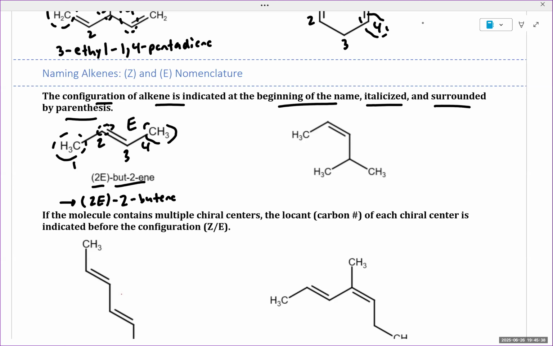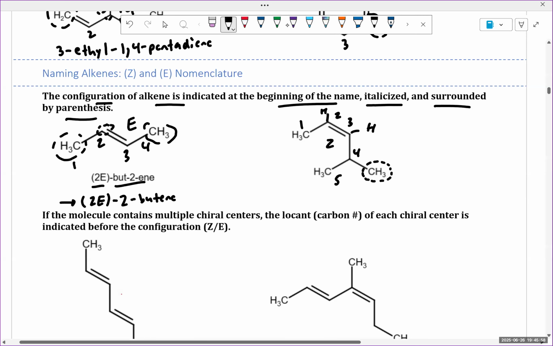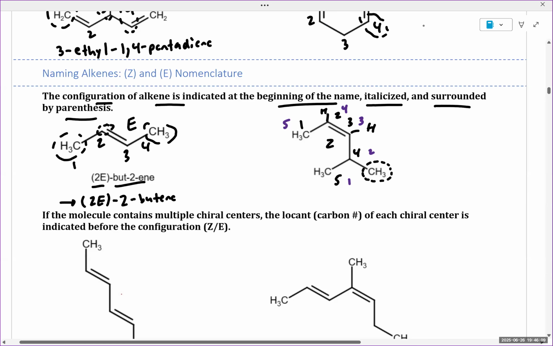Let's look at this next case. So let's draw out our hydrogens. This is a textbook Z alkene. Numbering, we want to number through the alkene to give the alkene the lowest locant number. As you can see, we have a methyl group at carbon 4. Why do we choose this numbering method? Because if we number in the opposite direction, the alkene would get a higher locant number, and the alkene gets priority.